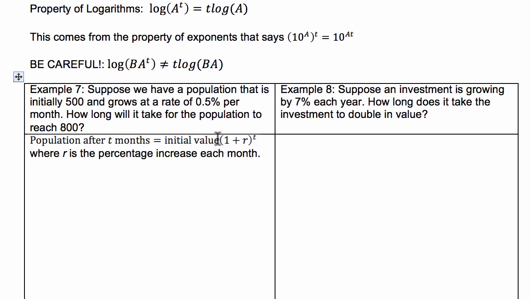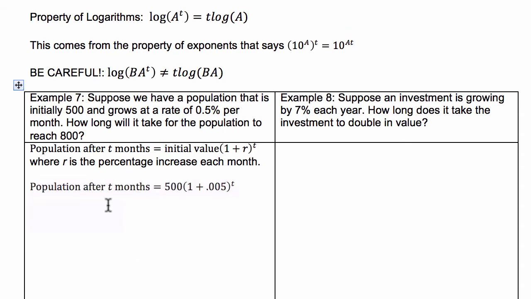Our initial value is 500, and r, our percentage increase as a decimal, is 0.005. Don't forget, since the percentage increase is given as a percent, to make it into a decimal, we need to divide by 100 or move the decimal point 2 places to the left.